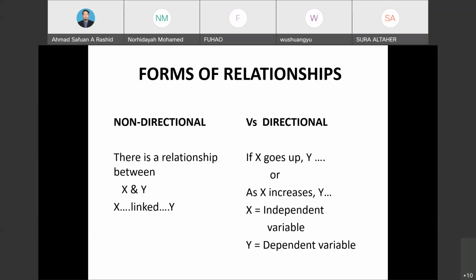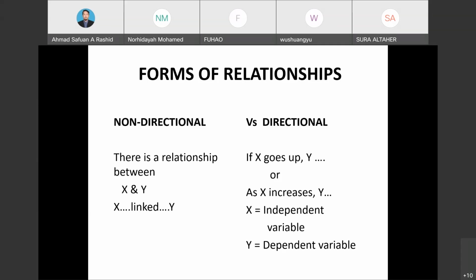Okay, then we move to the relationship. There will be non-directional and directional. So non-directional means there is a relationship between X and Y, X linked with Y. So for directional, if X goes up, Y goes up, or as X increases, Y increases.